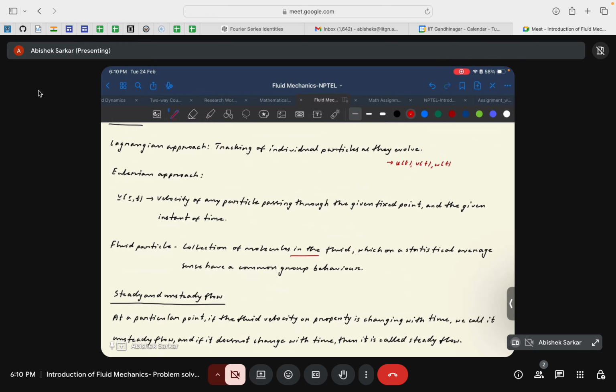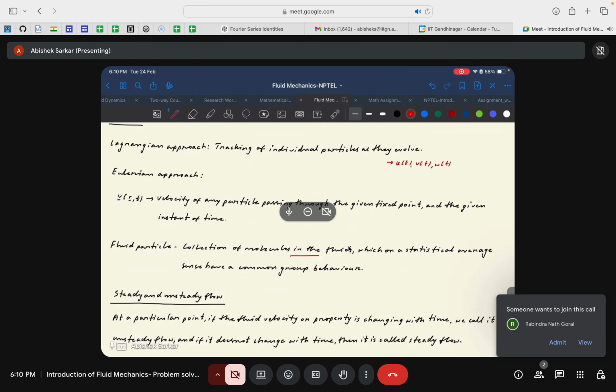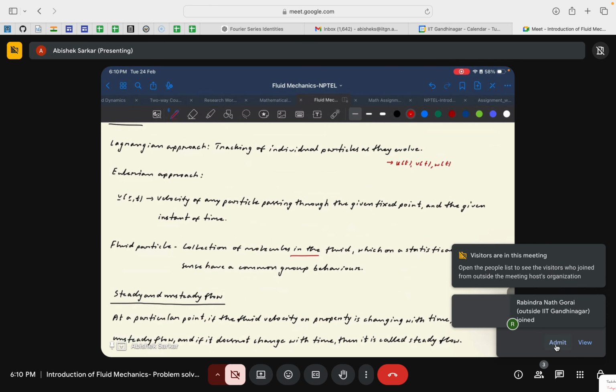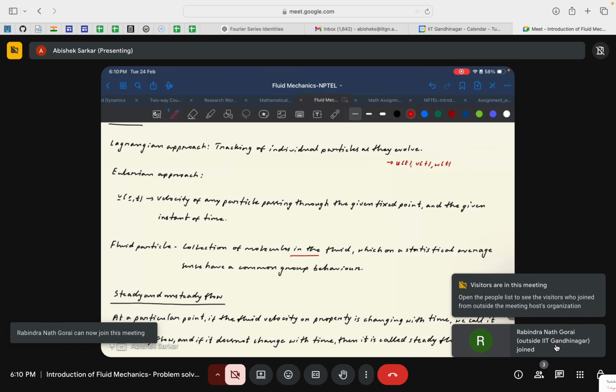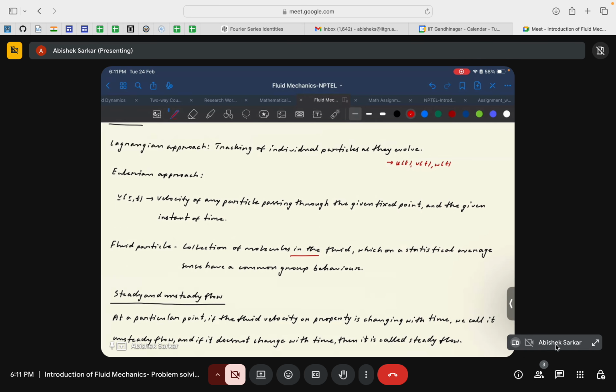Okay, I think this definition is quite well understood, so I do not think I have to dive deep into the definition. It's quite simple to understand. And as I mentioned, for the Eulerian approach, since we are focusing on a particular flow domain, our velocity field, along with being a function of time, becomes a function of space as well.